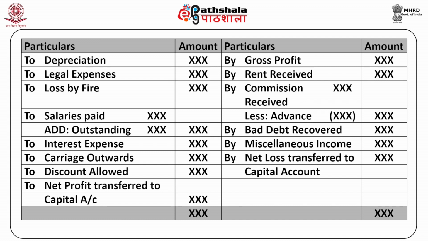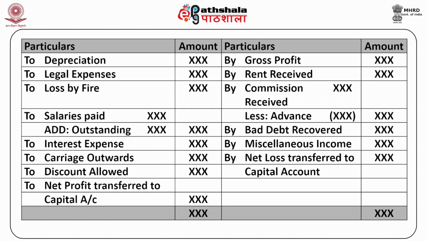Format of P&L account. The format of P&L account is as follows. On the left hand side, you will find particulars like depreciation, legal expenses, loss by fire, salary paid. Add to that salaries outstanding, interest expense, carriage outwards, discount allowed, net profit transferred to capital account.